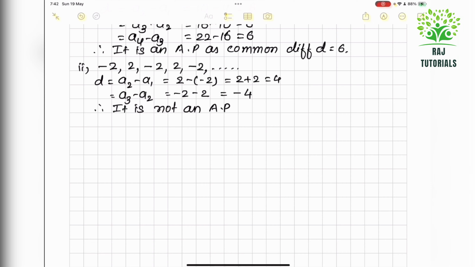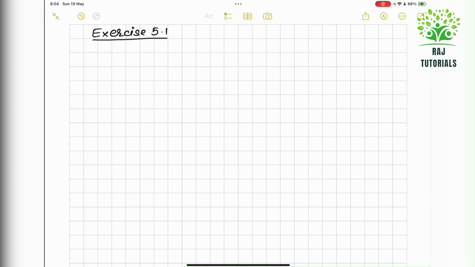Now see, this is nothing but your exercise first. So let us start with the exercise now. Now coming to exercise 5.1, question 1, it says, in which of the following situations does the list of numbers involved make an arithmetic progression and why?